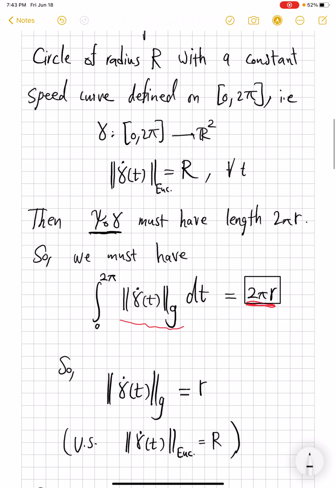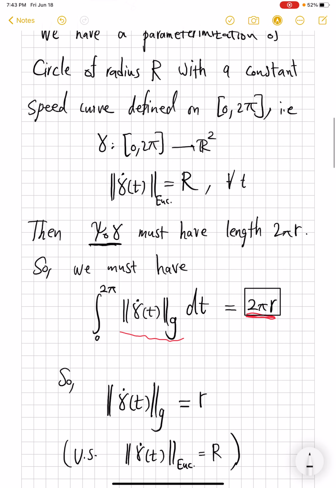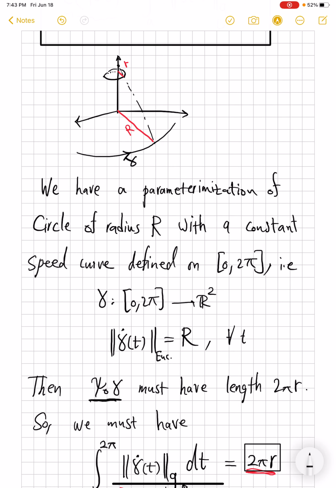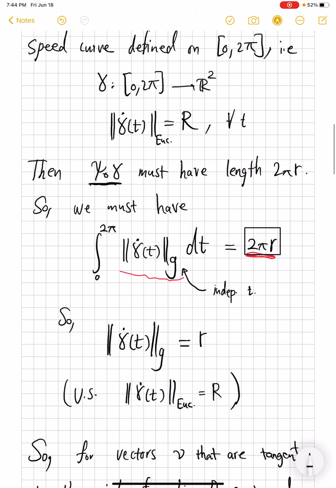Because of all the symmetries, it's expected that this is independent of t, because that only rotates my picture above, and I don't think there is any reason to declare the length of this to be different from the length of that, even the g length of those, because their images up here are just the same length in R3.